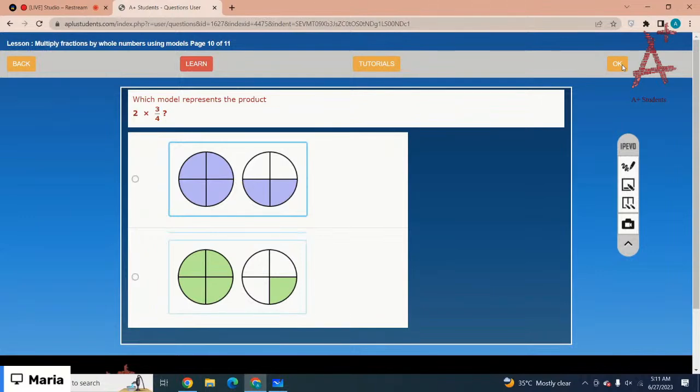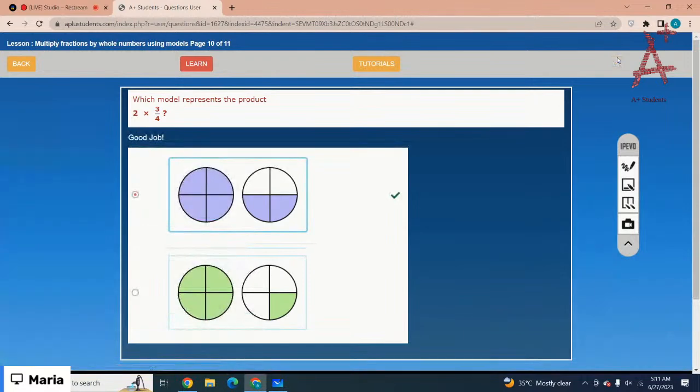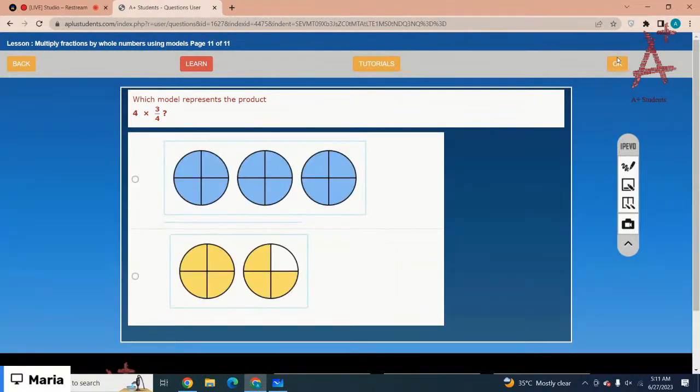Yes, that is option number 1. Okay, we are left with just one question. Let's do 4 times 3 over 4. So, which is the correct option?